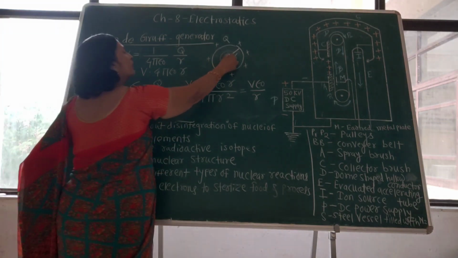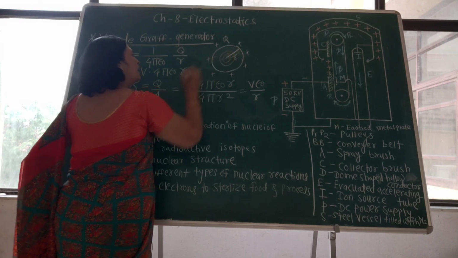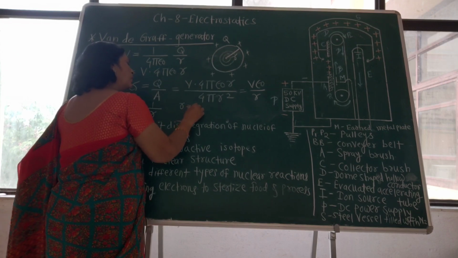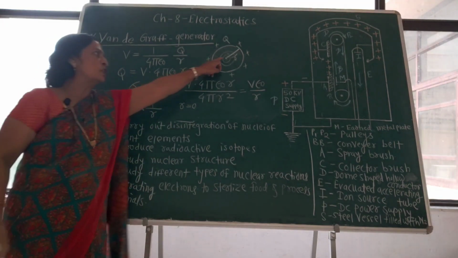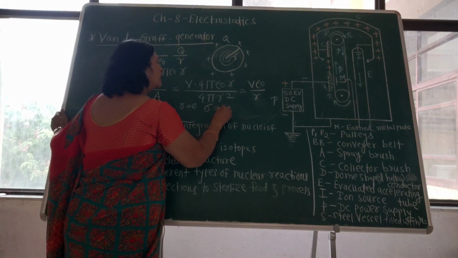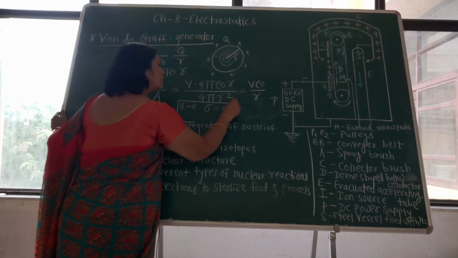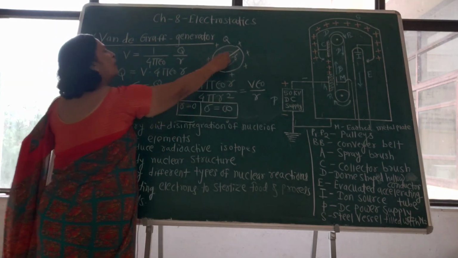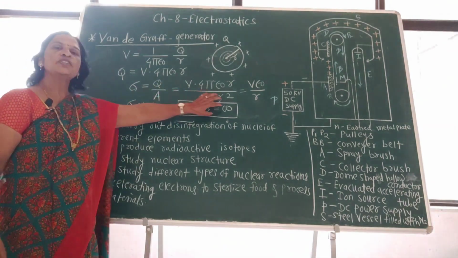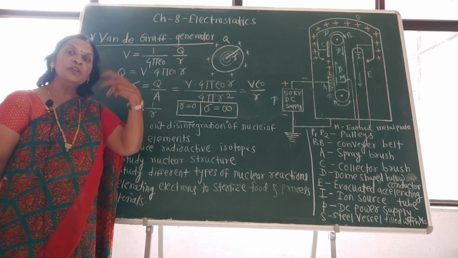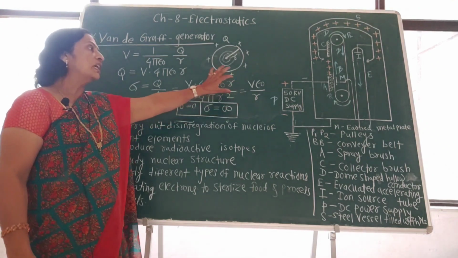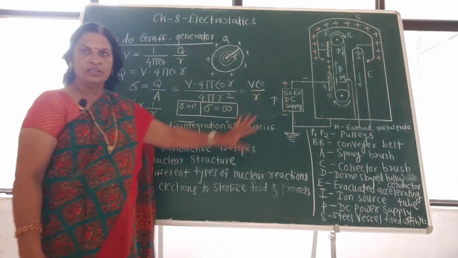If we decrease the radius until only a point remains, then R equals 0, and sigma equals infinity. So on sharp points the radius is 0 and the surface charge density is infinity. We have to use this principle in the corona discharge phenomenon.